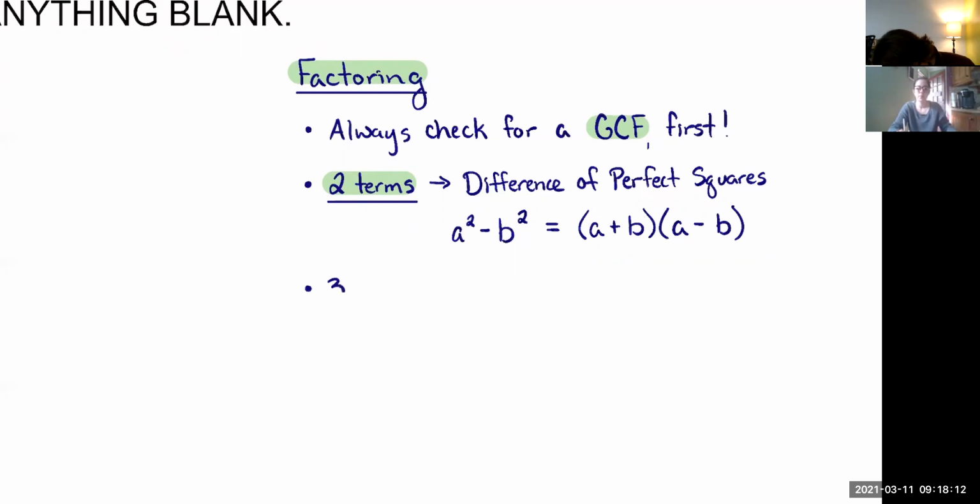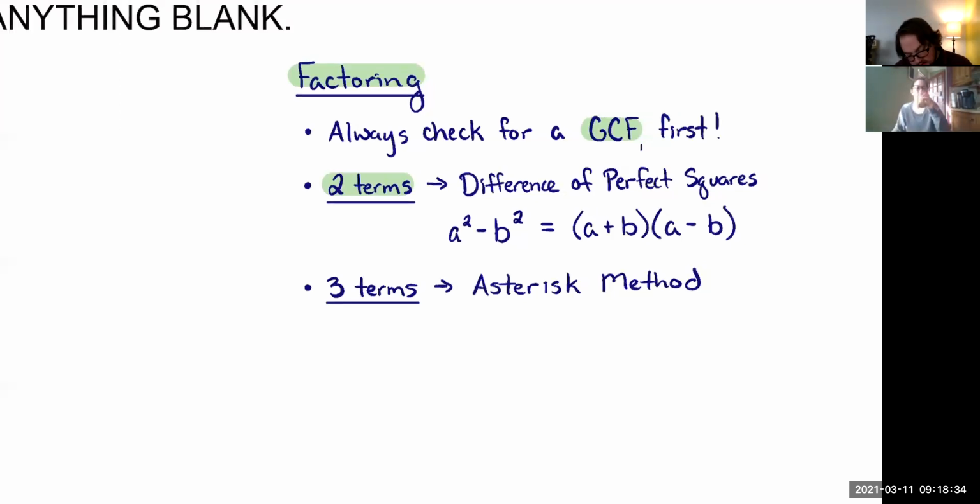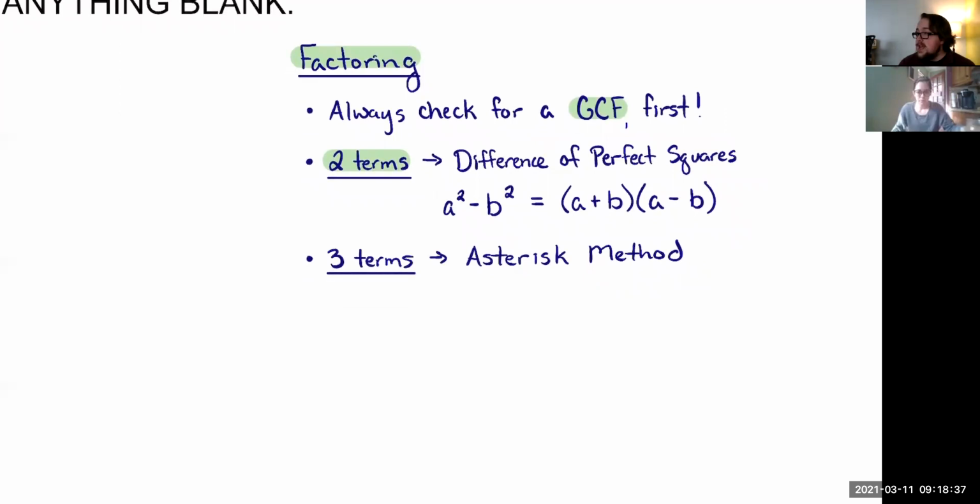If it's 3 terms, or in other words, a trinomial, this is where we considered the asterisk method. Now, the asterisk method did require it to be in a particular format, which was ax squared plus bx plus c.